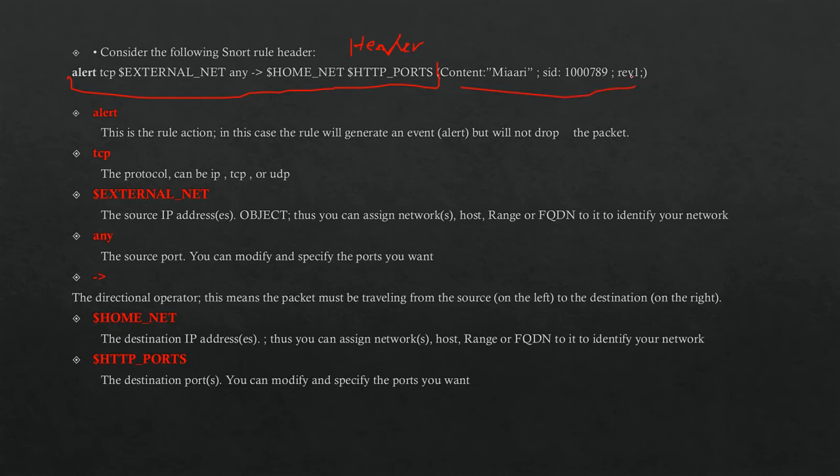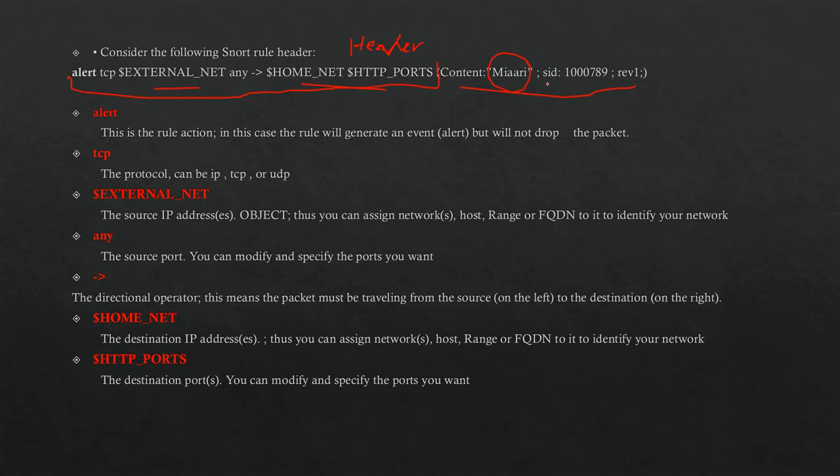This is where the keyword is; it's looking whether inside the payload or inside the packet there is the content, and then do the detection and the alerts. When the packet is traveling using the TCP port from the source IP, or source network, to the destination IP using the HTTP port, and it contains the content, give me the alert.